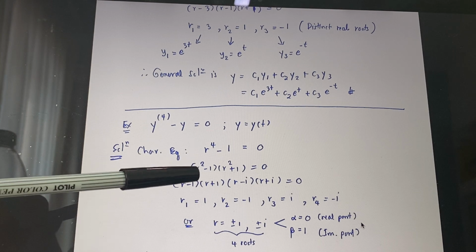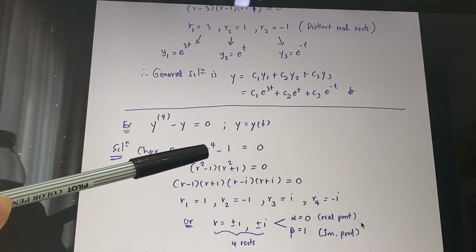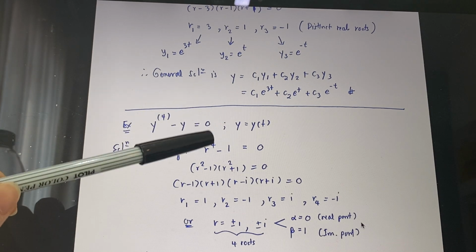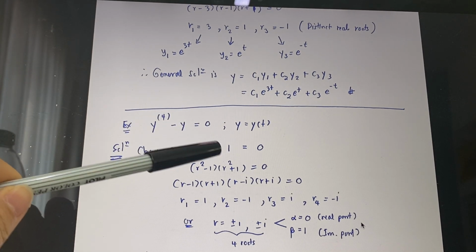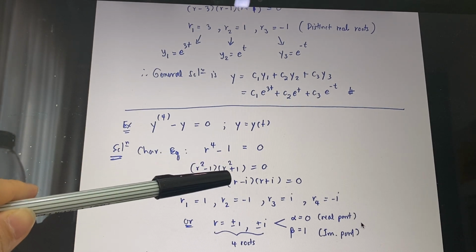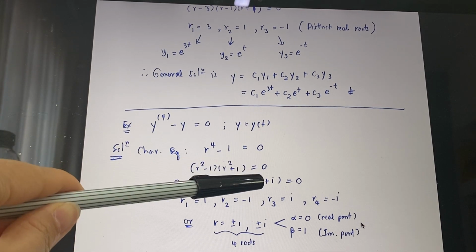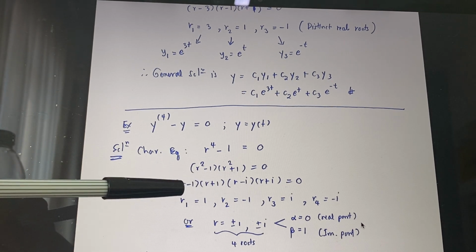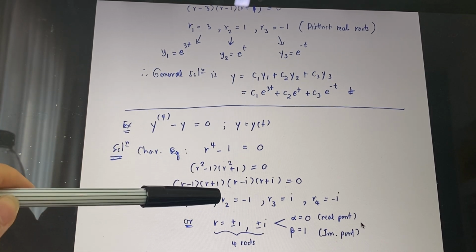Then you can factor this out. So it's the difference of squares. So you have r squared minus 1 squared. So you get r squared minus 1 times r squared plus 1 is equal to 0. And you can break the first term down into r minus 1 and r plus 1.